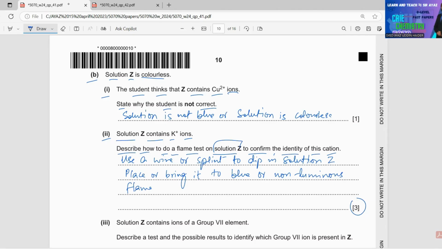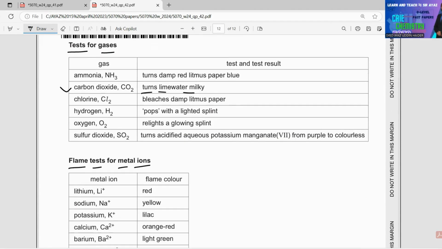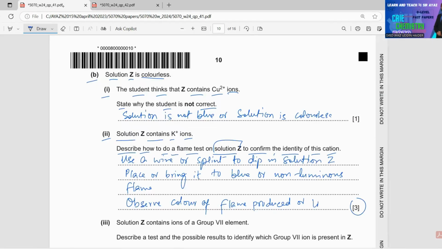Observe color of flame produced. Or state the color of K plus. What will be the color of K plus? It must be a lilac flame.